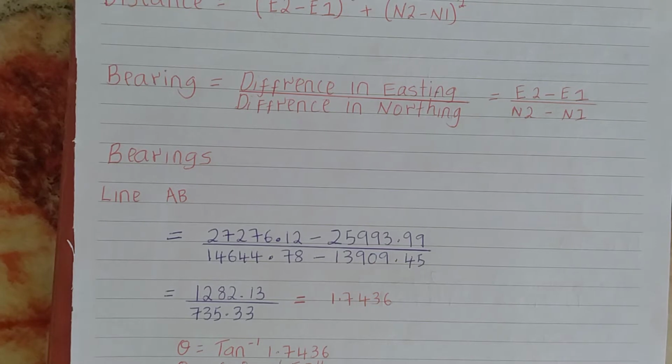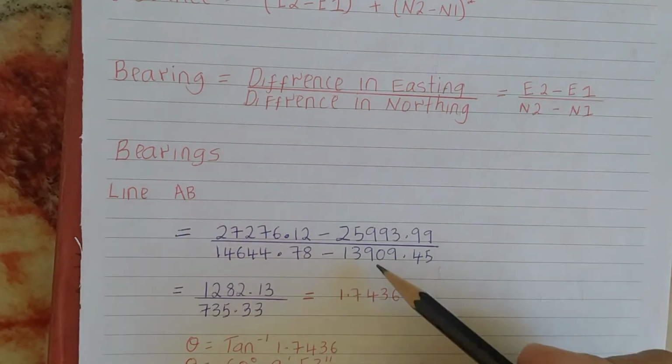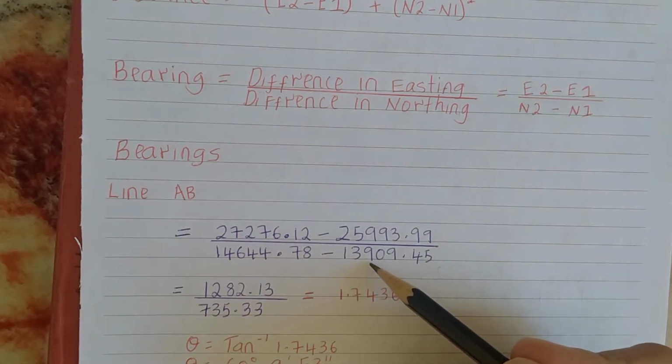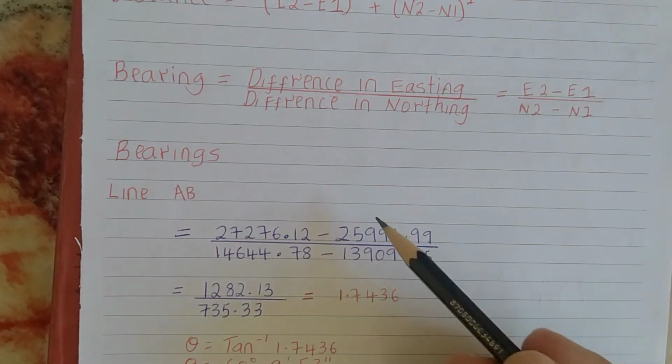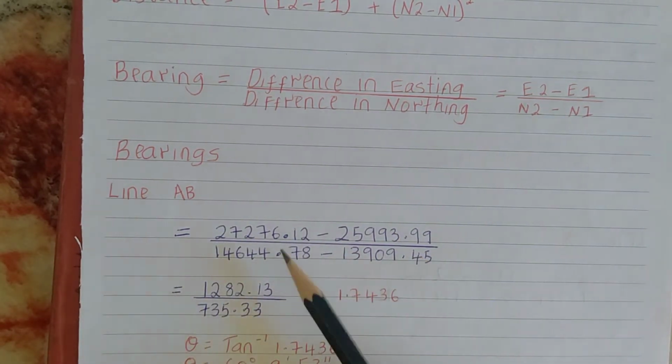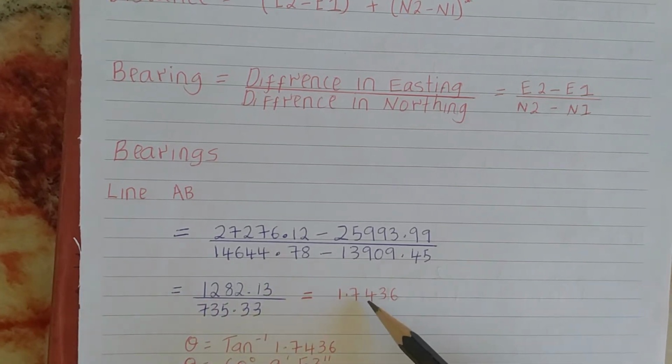27,276.12 minus 25,993.99, which is our easting 2 minus our easting 1, all over 14,644.78 minus 13,909.45. When you calculate this, you'll get 1282.13 divided by 735.33. When you divide this, you'll get your answer as 1.7436.